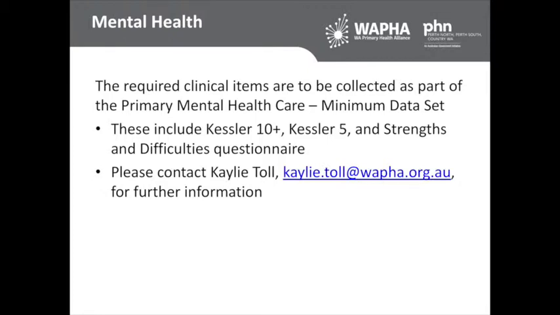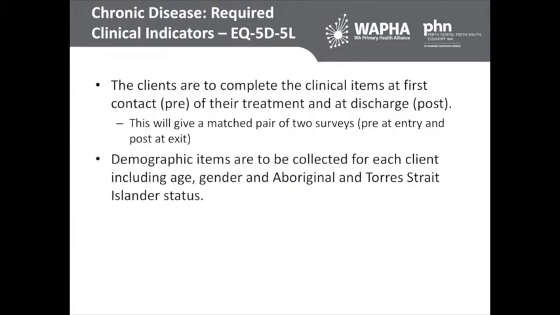For mental health, the indicator will be the outcome indicator for the primary mental health care minimum data set, which includes the K10, K5, or the Strengths and Difficulties questionnaire, whatever is suitable for your client population. For chronic disease, the required clinical indicator is the EQ5D5L.